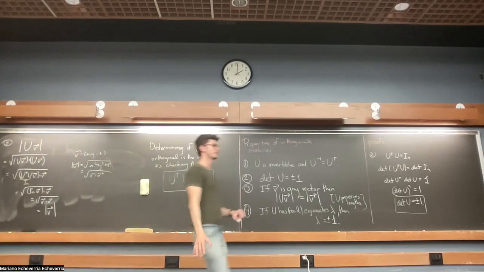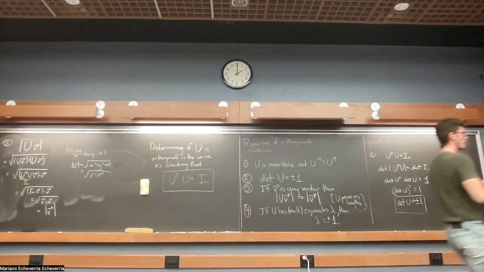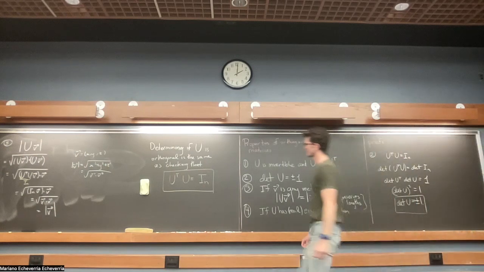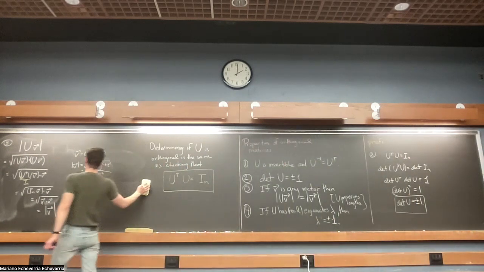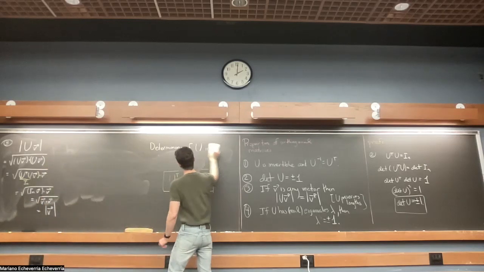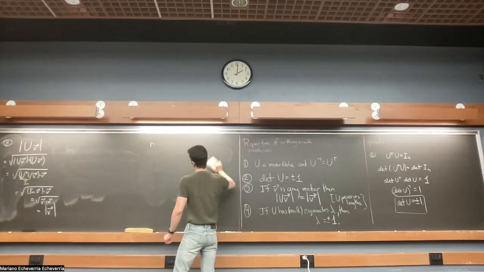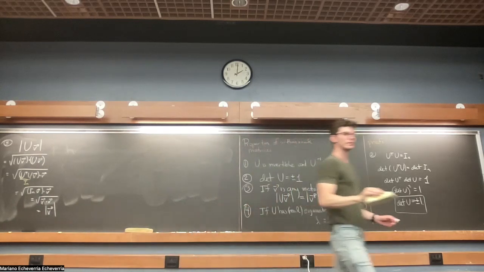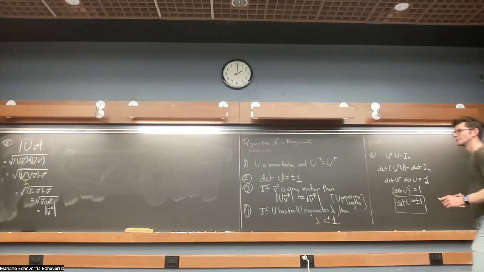So an orthogonal matrix will not change the length of the vector when you do the matrix multiplication. Is that making sense? So far, so good.